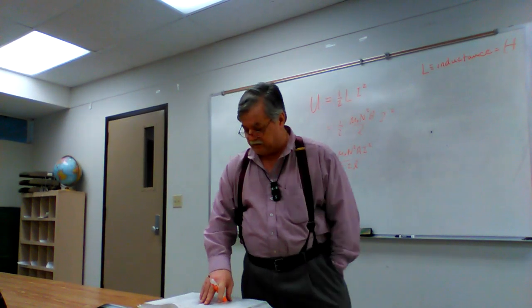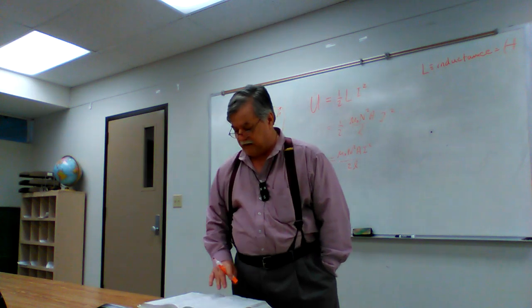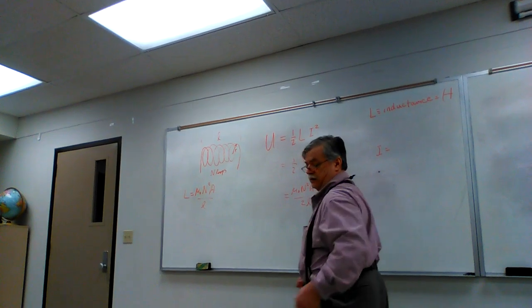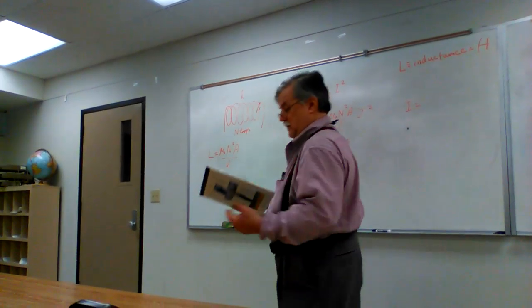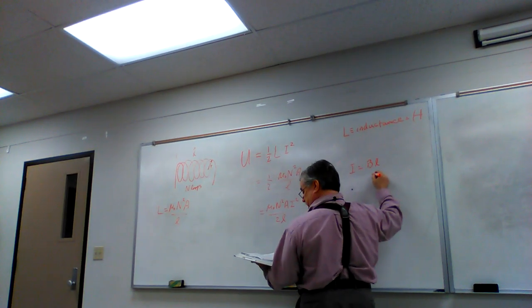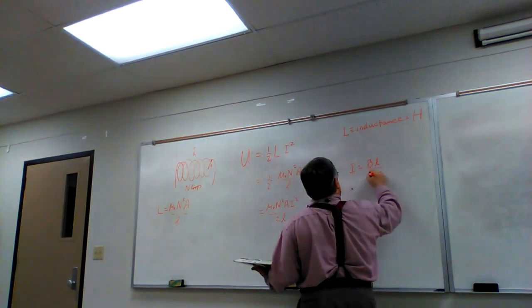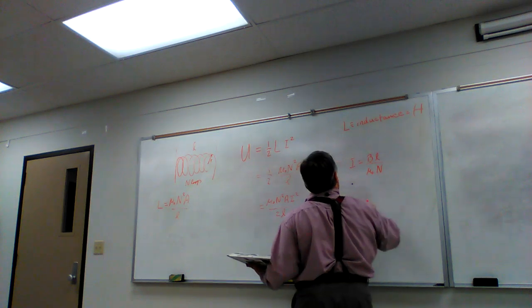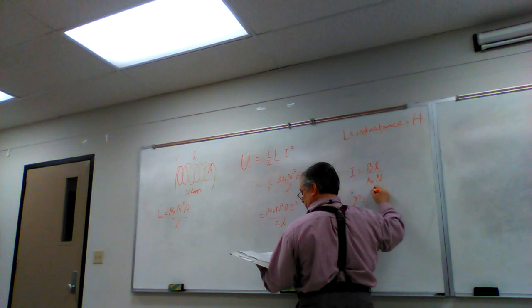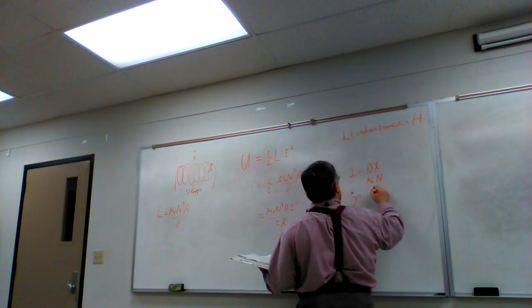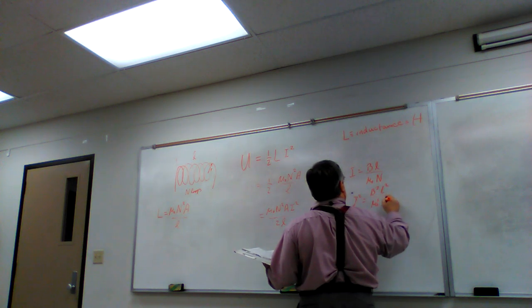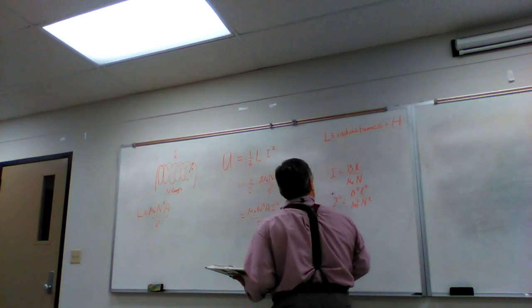Well, in this case, the book here, he points out that they can replace I with magnetic field B times L over mu sub naught times N. And so I squared becomes, well, B squared L squared over mu sub naught squared N squared.